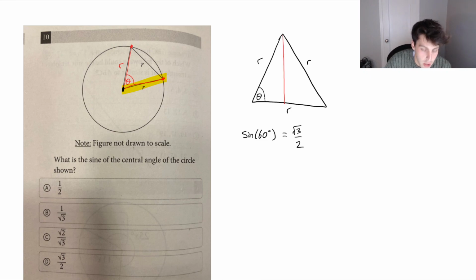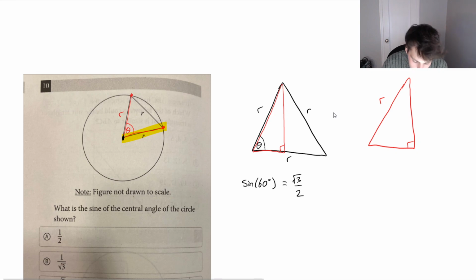If we split this equilateral triangle down the middle, remember this is literally how we construct our special triangle. Okay, if this is length r, then this is going to be r over 2.